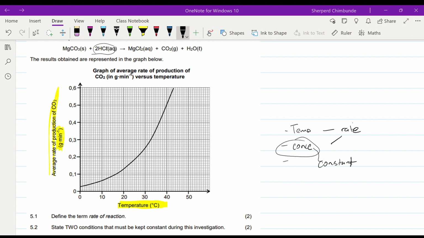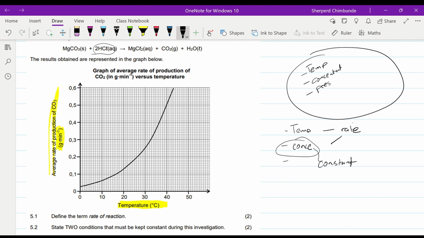The other thing that must also remain constant here. In fact, let's just list all the factors that affect rate of reaction. We've got the temperature, we've got concentration, pressure if we are dealing with gases, and another is surface area. In this case, surface area, that's the state of division.